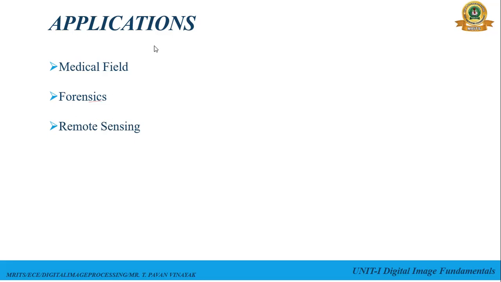What is texture? Texture means some background, like the Earth's surface, whether it is a water field, soil or rock. Everything is based on image processing techniques only.